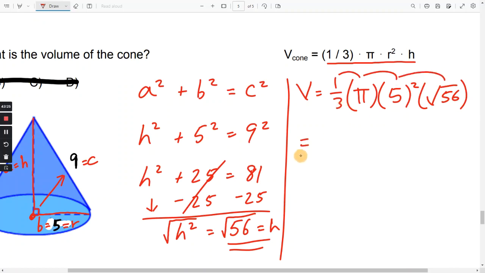So I'm just going to divide by 3 at the end. Alright, so I'm going to do pi times 5 squared and then times radical 56. Hit equals, and then divide by 3 at the end. And rounding off, I get 195.9. Okay, there's no units, but if there were, it's a volume. The units would be to the third power.